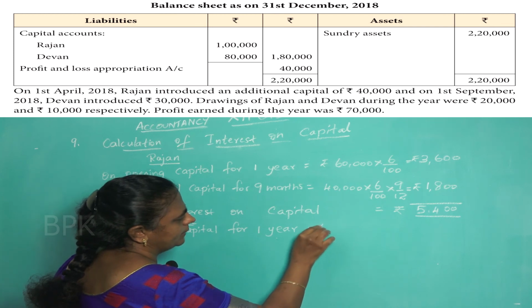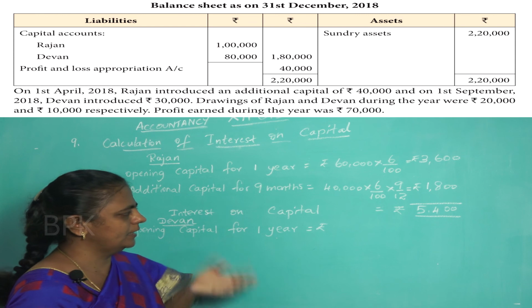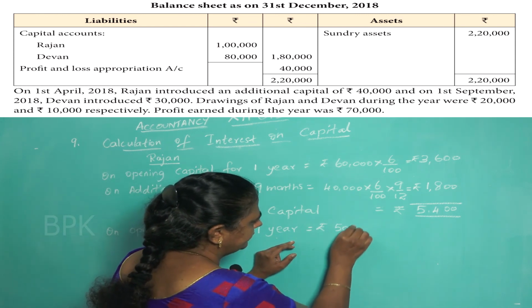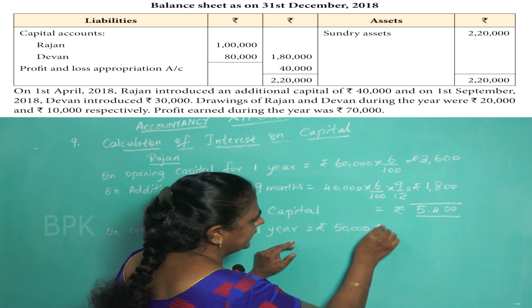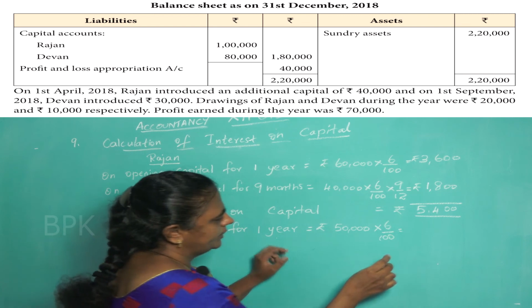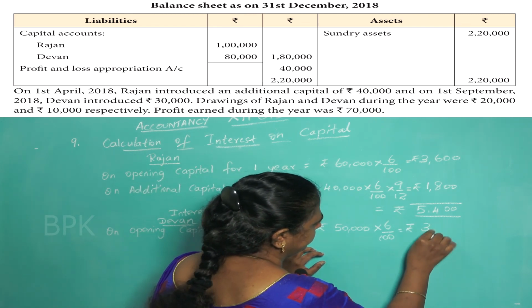What is this opening capital? Just now we calculated, we found out opening capital. No, that calculation you see. How much is for day 1? Day 1 50,000. 50,000, rate is 6%, 6 by 100. So that will give you rupees 3,000.